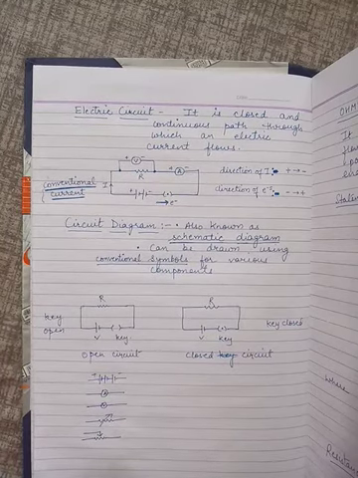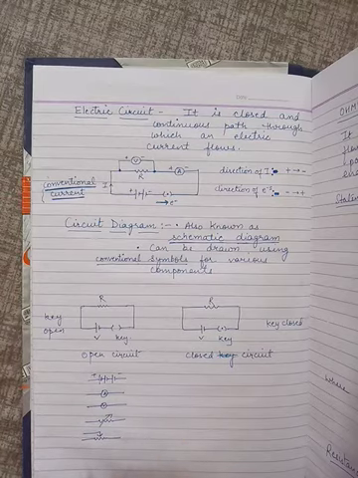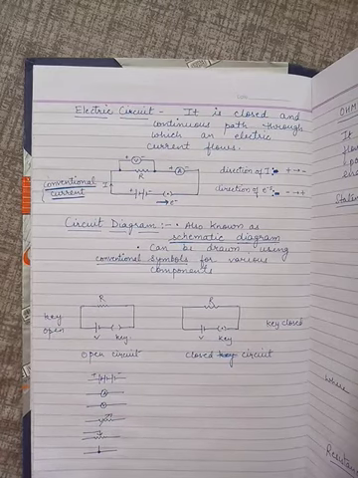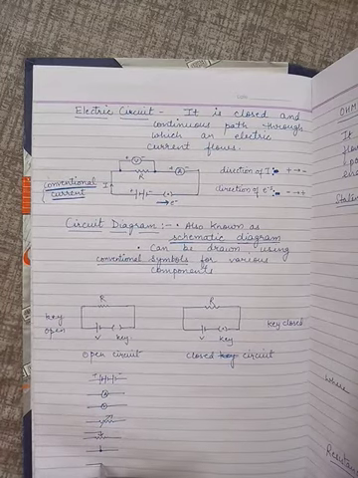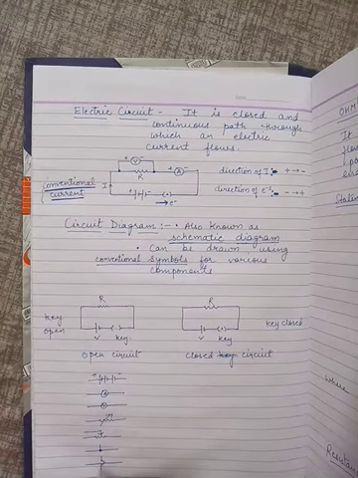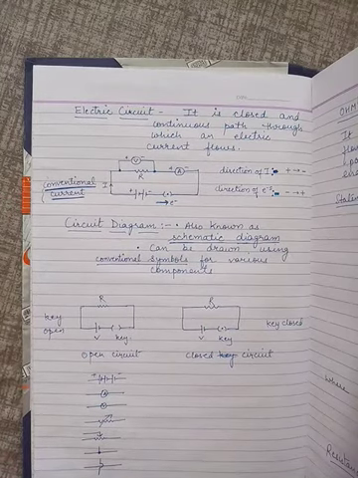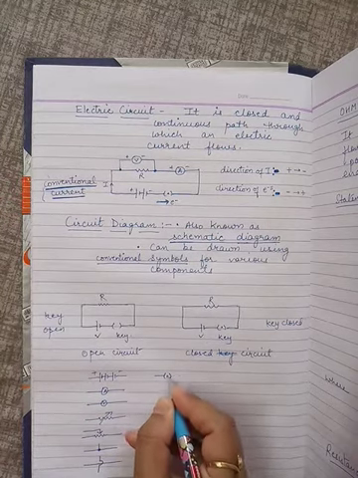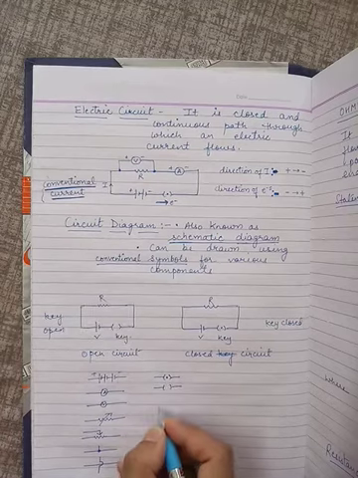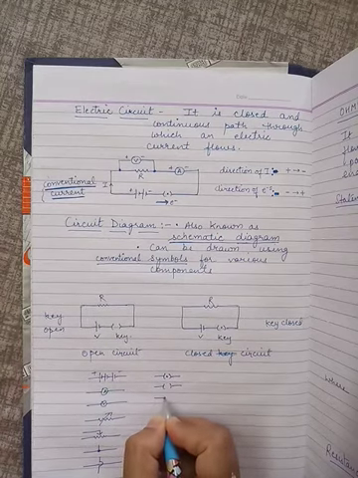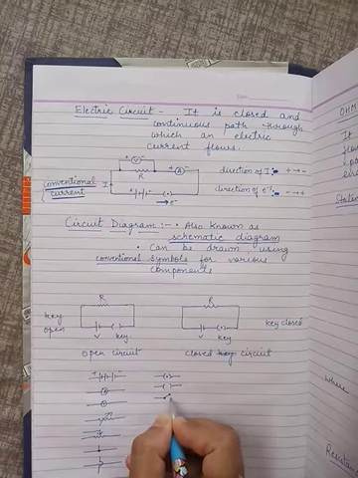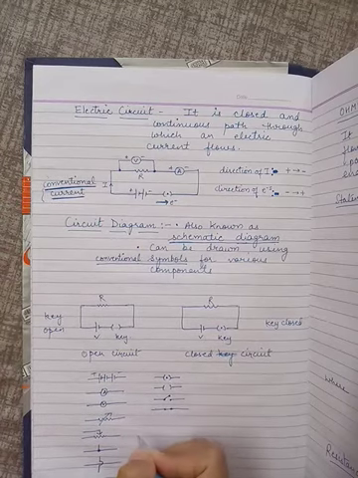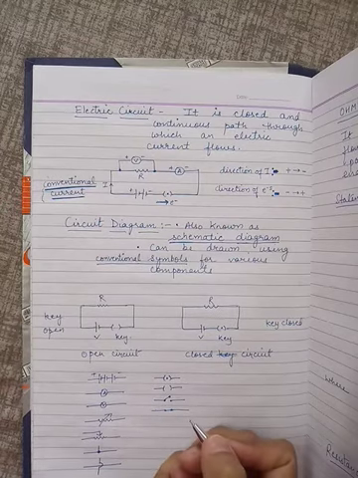And for the wire joint, this is the symbol, and for the overlapping of wires, the symbol is like this. The key is like this: this is a closed key, this is an open key. Sometimes a key or switch can be drawn like this: this is an open switch, this is a closed switch, right? These are the basic symbols that we should know.